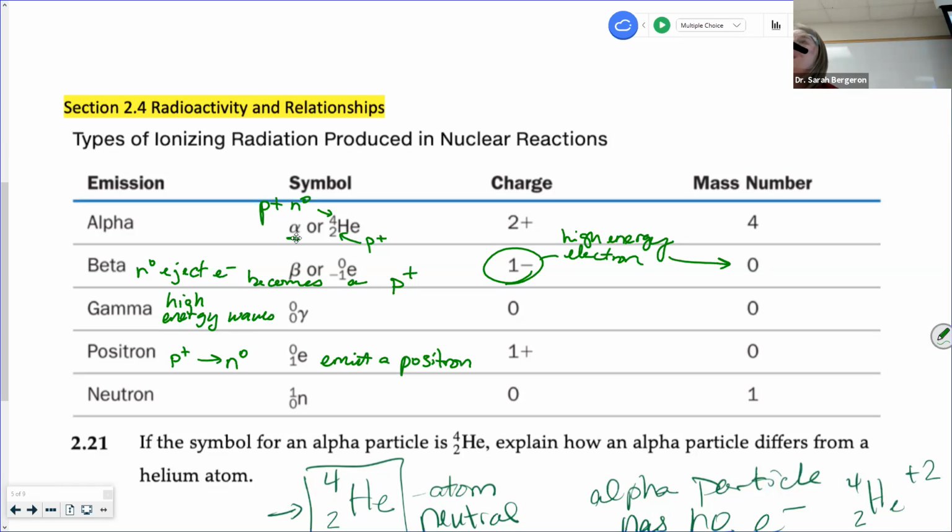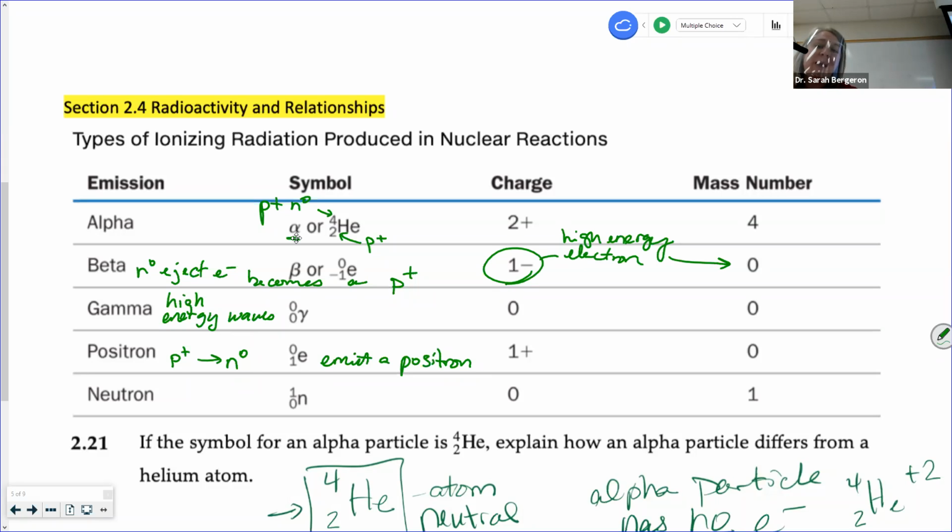A positron is very, very similar to an electron, except it has an opposite charge. So what's the charge on an electron? -1. What's the opposite of -1? +1. So that's why we put it as an E, because it's similar to an electron, but it's positive.